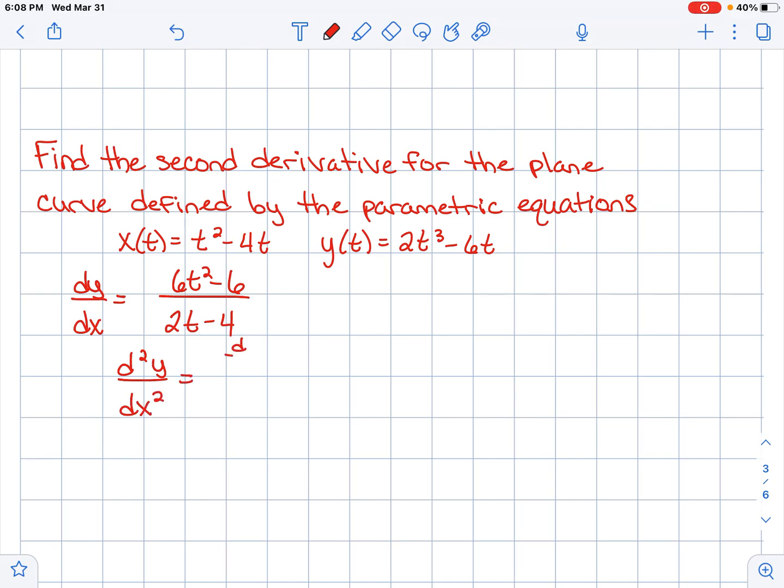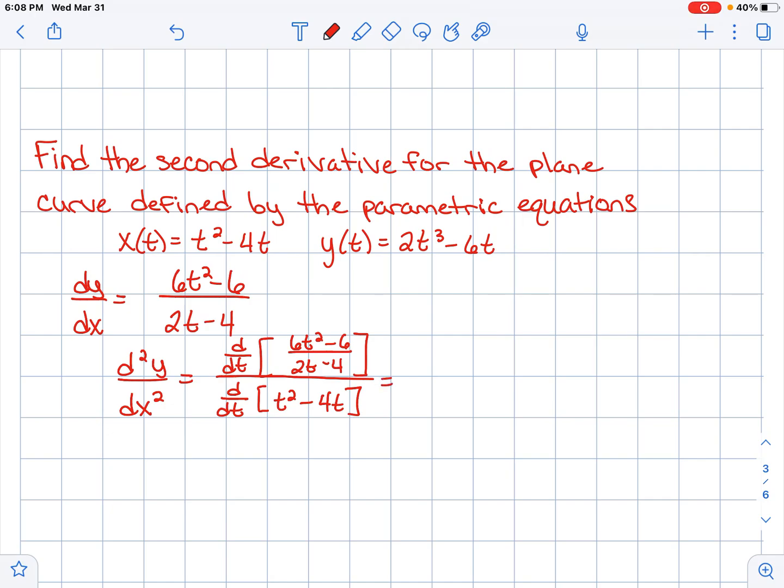But we're looking for the second derivative. So what we're looking for then is the derivative of this over the derivative of x. Be very careful here. The second derivative is different because we're looking at how is the first derivative changing as x is changing. Okay, so the numerator, we get to use the quotient rule.